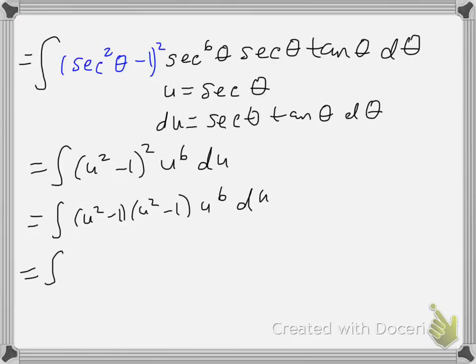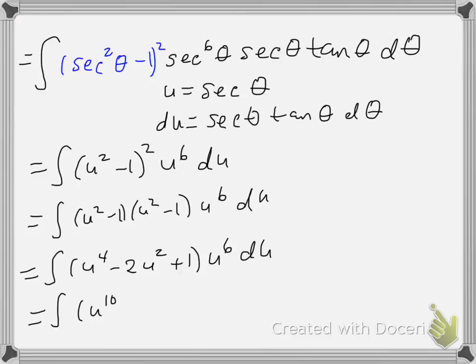This, of course, becomes the integral of u to the 4th minus 2u squared plus 1 times u to the 6th du. This becomes the integral of u to the 10th minus 2u to the 8th plus u to the 6th.